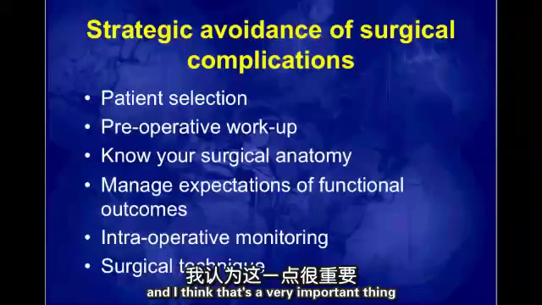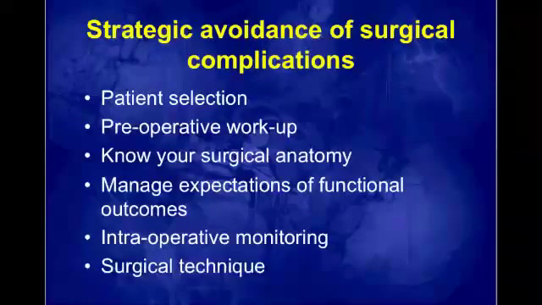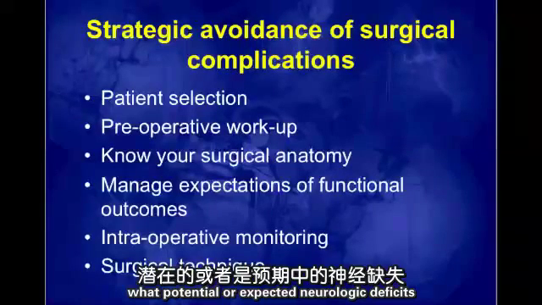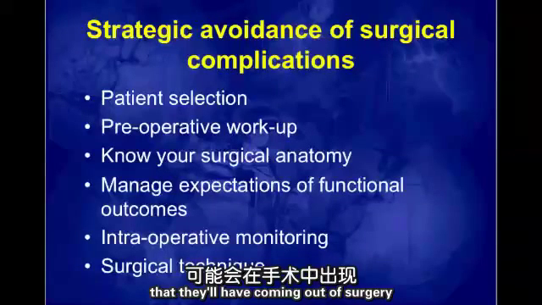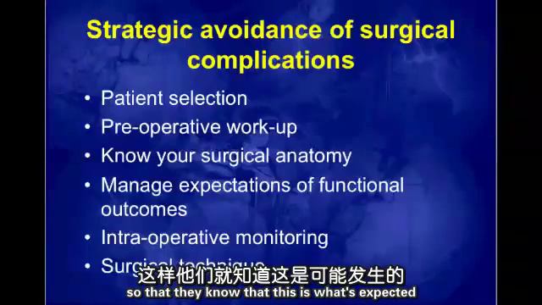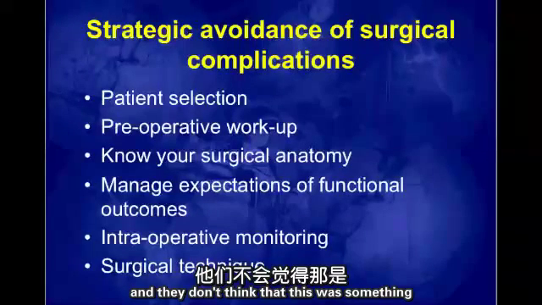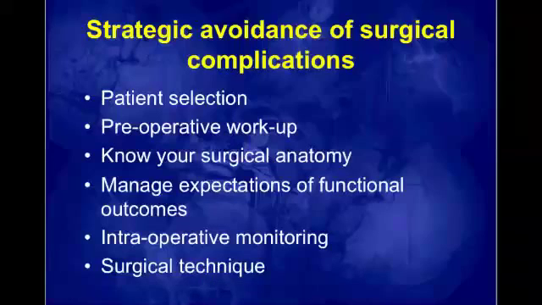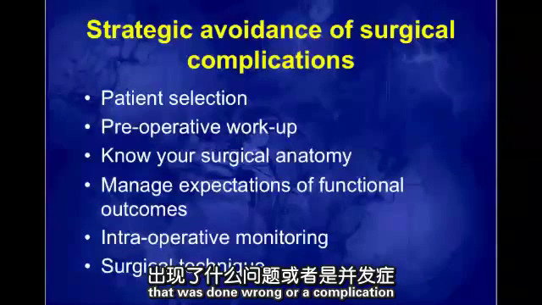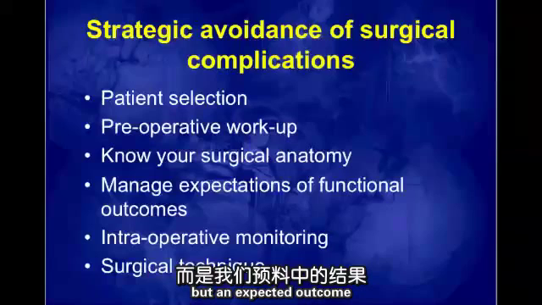It's very important to make patients aware of what potential or expected neurologic deficits they'll have coming out of surgery, so that they know this is what's expected and they don't think that this was something done wrong or a complication, but an expected outcome.